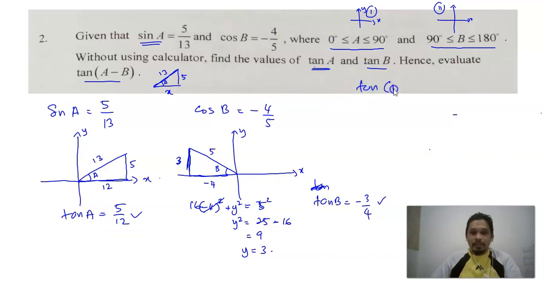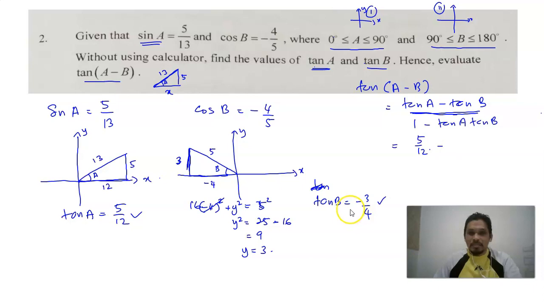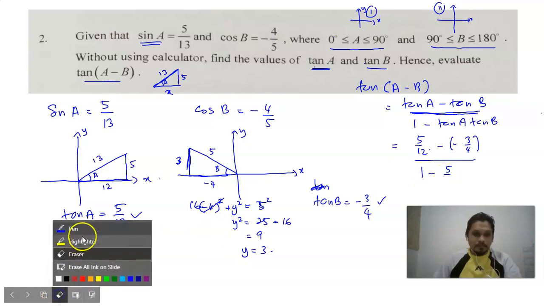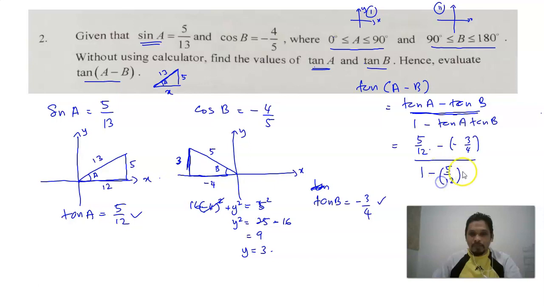Okay, now tangent A minus B equal to tangent A minus tangent B divided by 1 plus tangent A tangent B. Okay, tangent A, which is 5 over 12, minus tangent B, which is negative 3 over 4, divided by 1 plus tangent A, which is 5 over 12, and then negative 3 over 4.